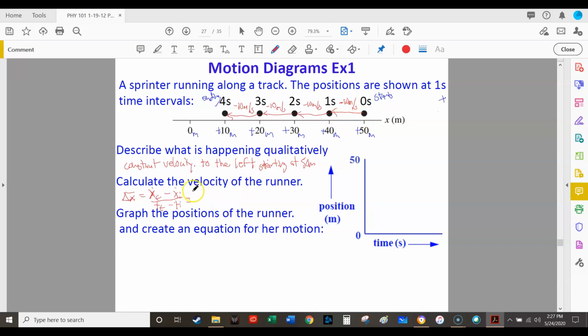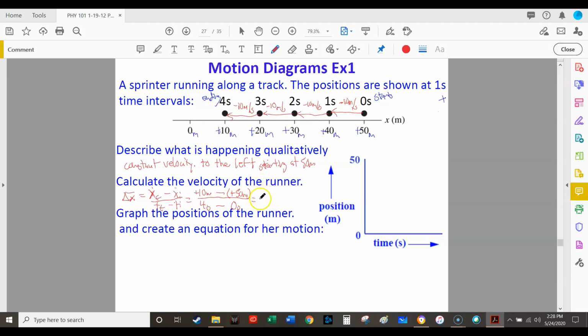So its overall displacement. It started out, it ended at the 10 meter mark at 4 seconds. And it started out at the positive 50 meter position at 0 seconds.